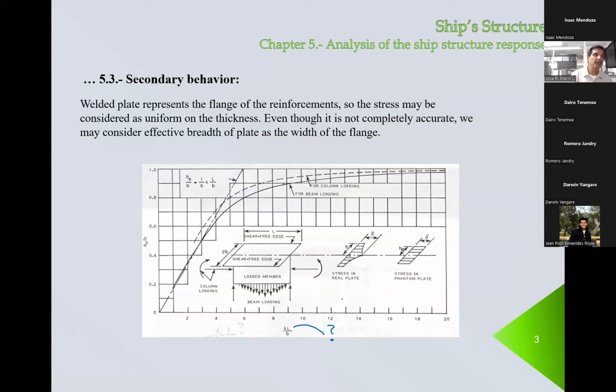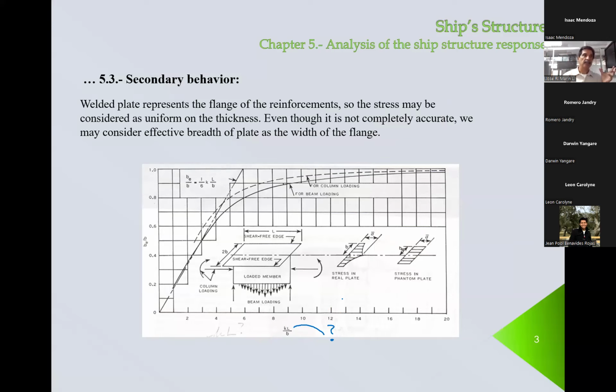It's the distance between points of zero bending moment. Remember now? So you consider the loading, consider the boundary conditions, you draw the bending moment distribution. So you check the distance between points of zero bending moment, and that's your KL.